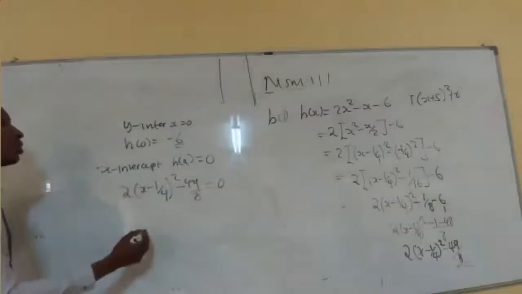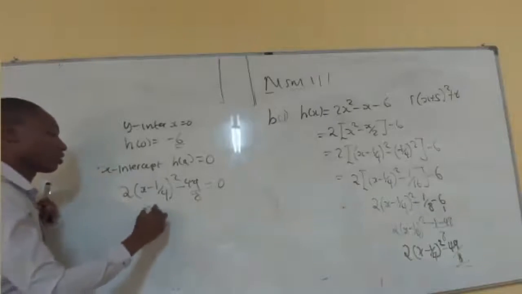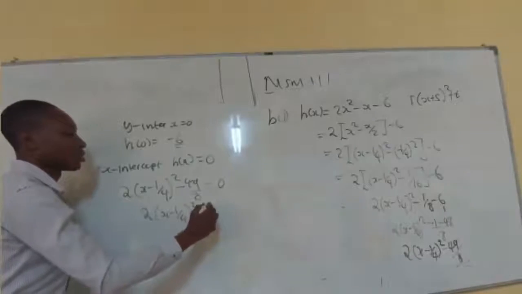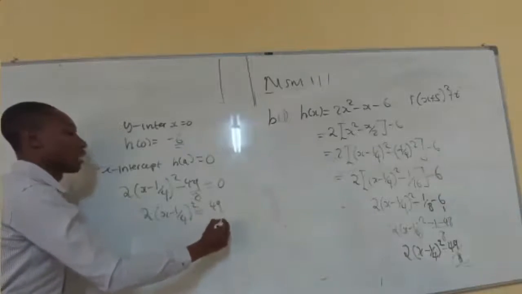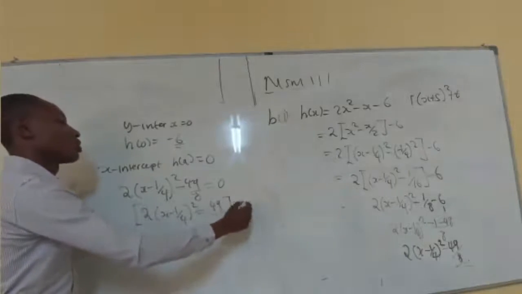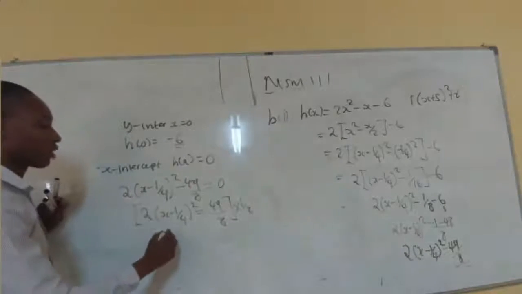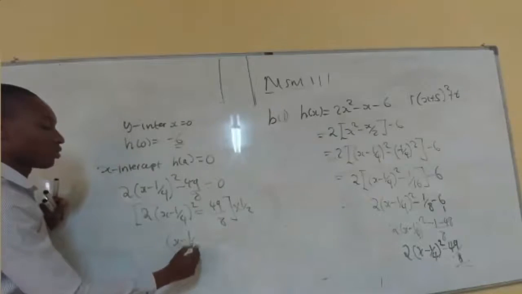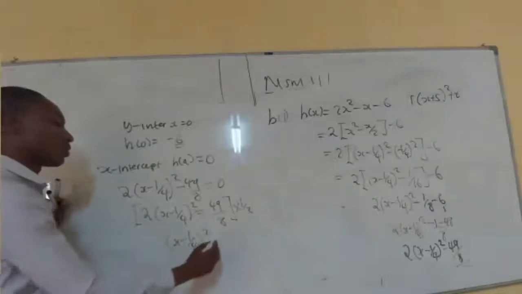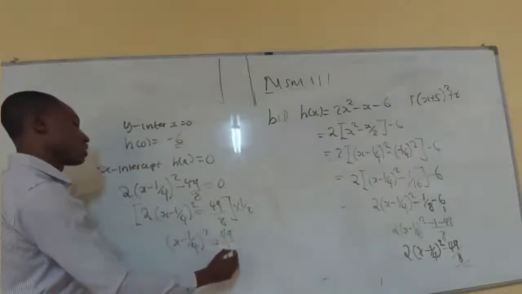Alright, so let's solve for x. So we have 2(x minus 1 over 4) squared is actually equals to 49 over 8. Then I'll multiply throughout by 1 over 2 because I want to get rid of the 2 in front there. We have (x minus 1 over 4) squared is actually equal to 49 over 16.